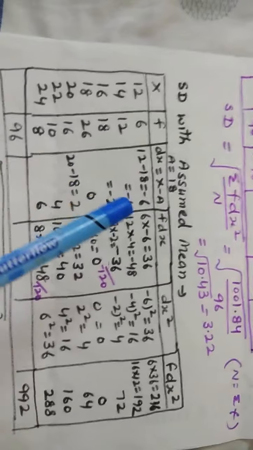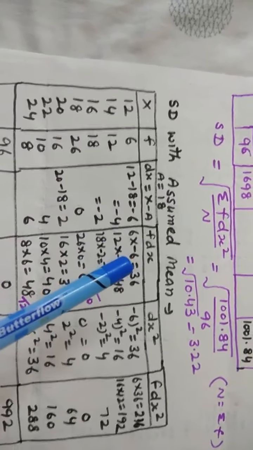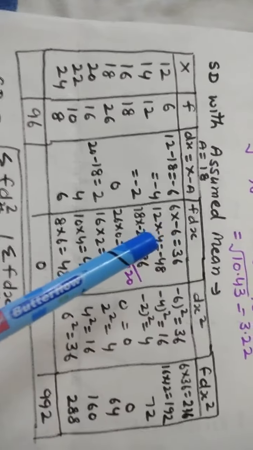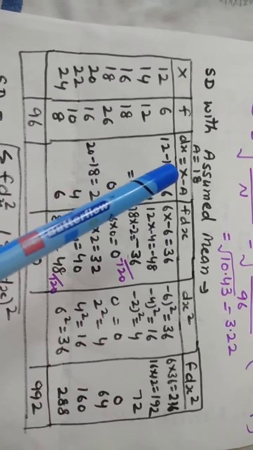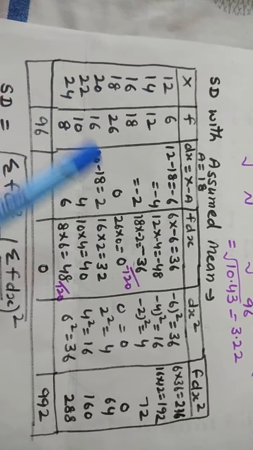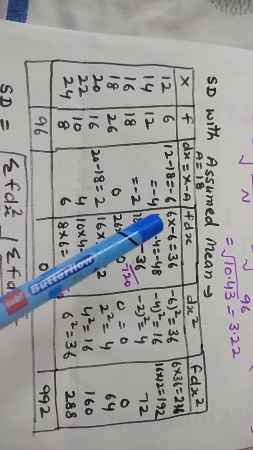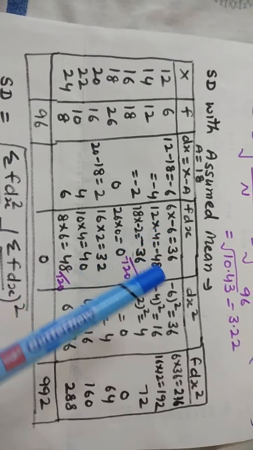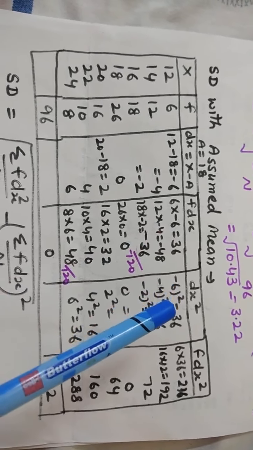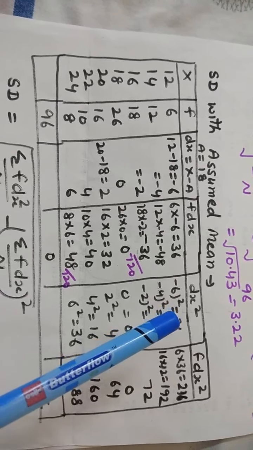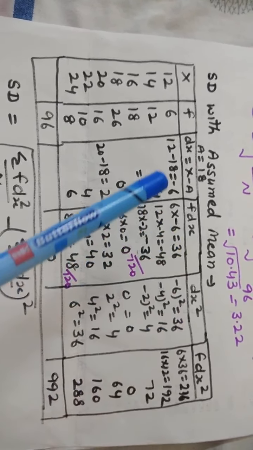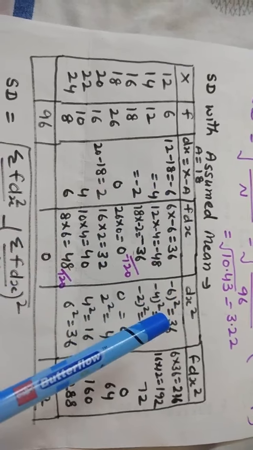When we do with assumed mean, that is shortcut method. Assume one value from variable and take deviation, then multiply with frequency. Then for second column, take dx square, then multiply with frequency.